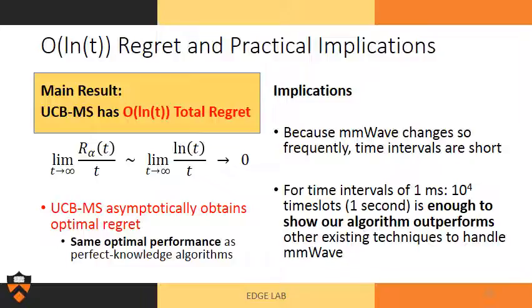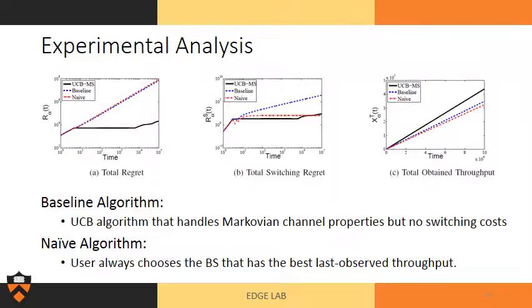And so because mmWave changes so frequently, these time intervals are short, and we can show that 10 to the 4 time slots, in essence, 1 second, assuming 1 millisecond time intervals, we can already show our algorithm outperforms other existing techniques. Now we'd like to provide a little bit of experimental analysis.